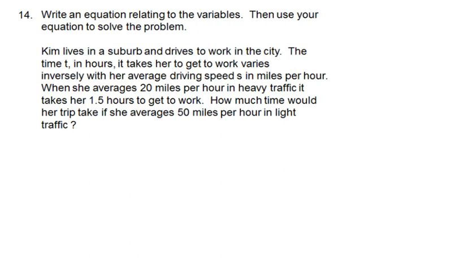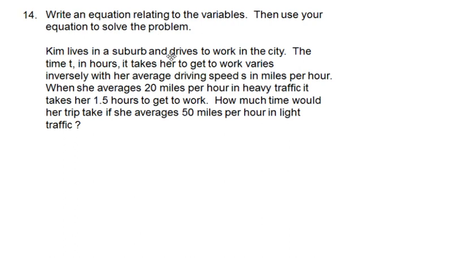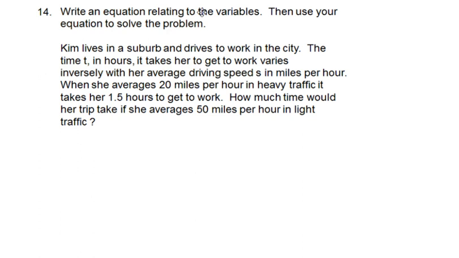14. Write an equation relating the variables, then use your equation to solve the problem. Kim lives in a suburb and drives to work in the city. The time t in hours it takes her to get to work varies inversely with her average driving speed s in miles per hour. So we would write it like this. Time t in hours varies inversely, so I'll put a over s. And when she averages 20 miles per hour in heavy traffic, it takes her 1.5 hours.